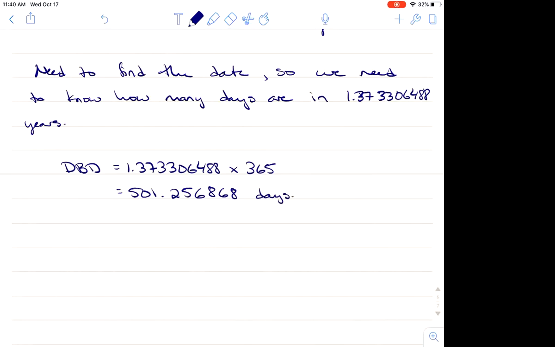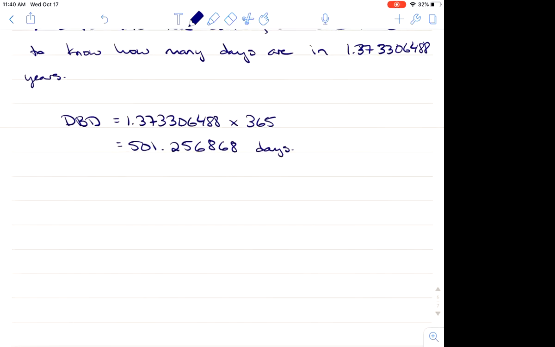We're always going to round up, right? Because we need to go a little bit over. 502 days, because 501 days wouldn't quite cut it. So always round up for the number of days.